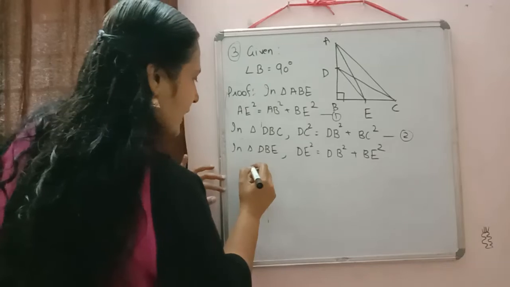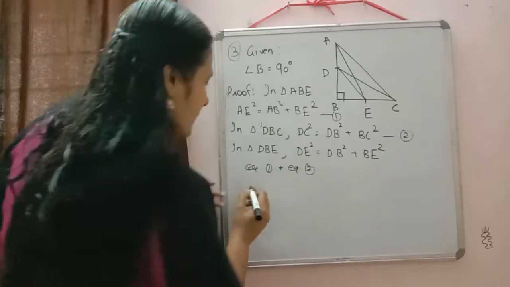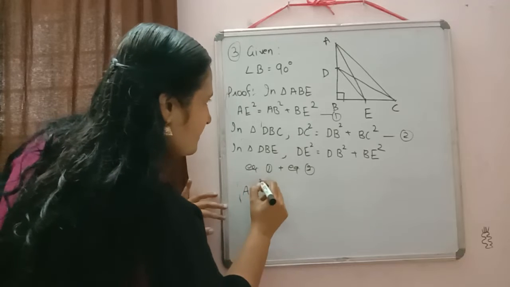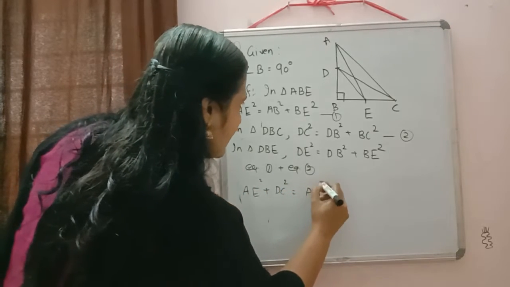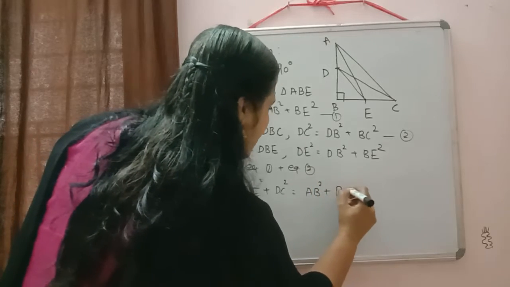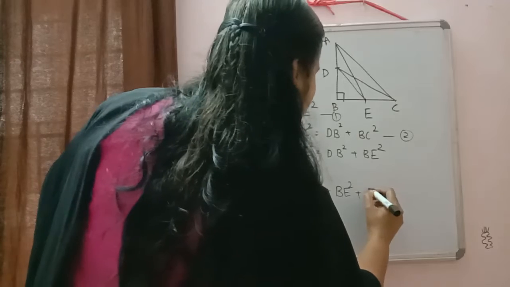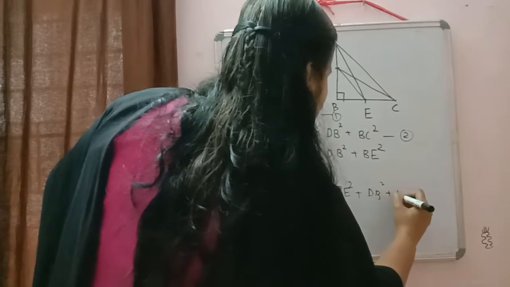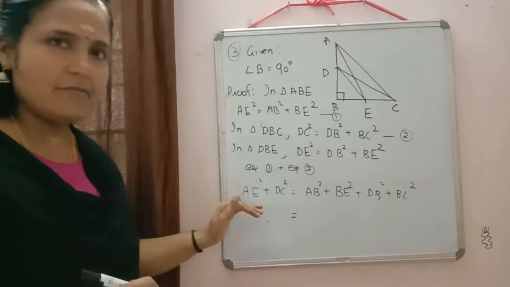So what we will do? Adding equations 1 and 2, it will come AE square plus CD square is equal to, in the right hand side we are getting AB square plus BC square plus BD square plus BC square. Now after that, the left hand side we got.